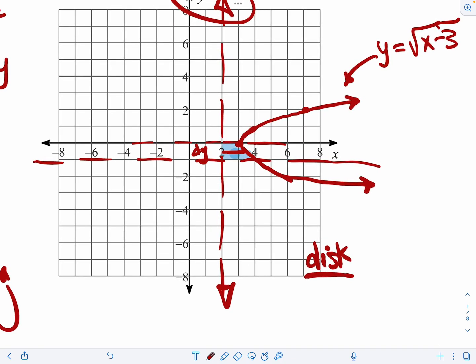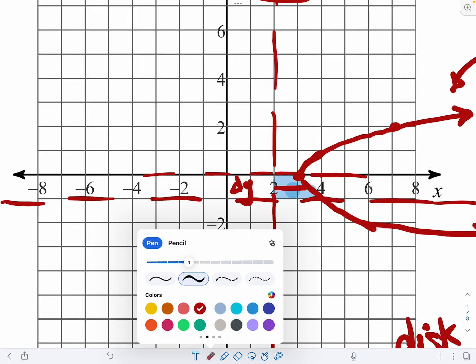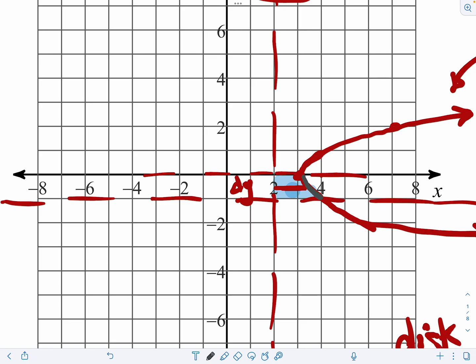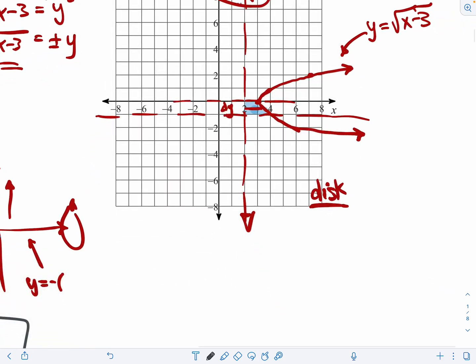Our radius here is, think of it as a number line. We're going to look at that distance from here to somewhere here. It's a general look. You know what?